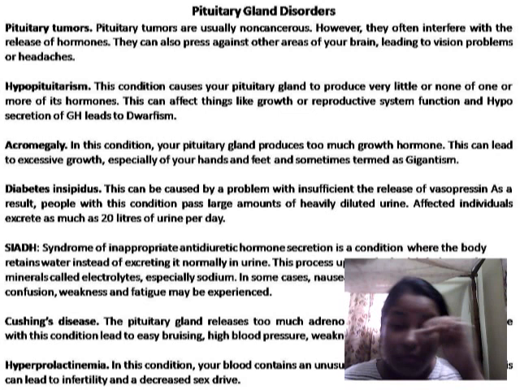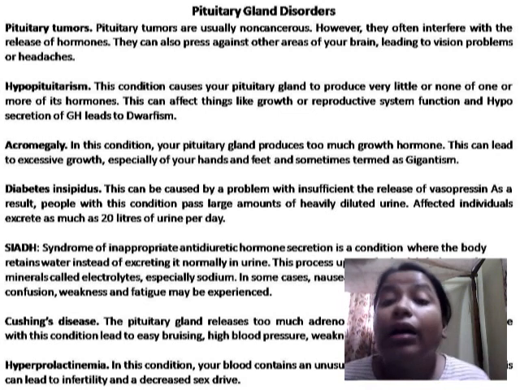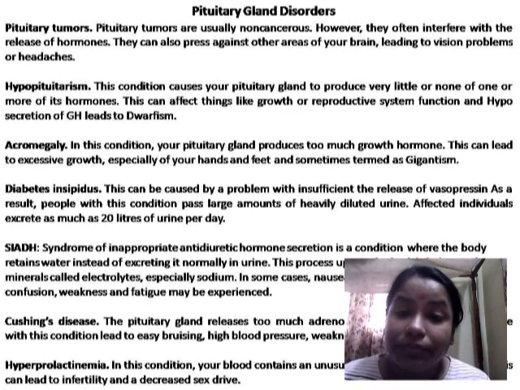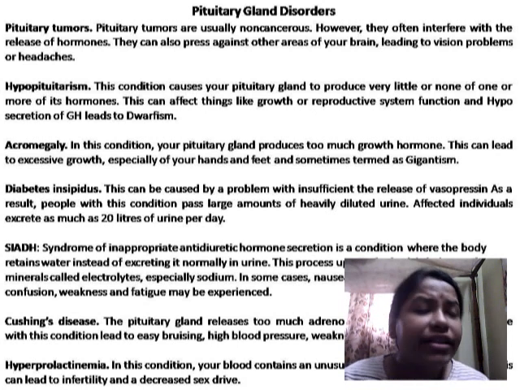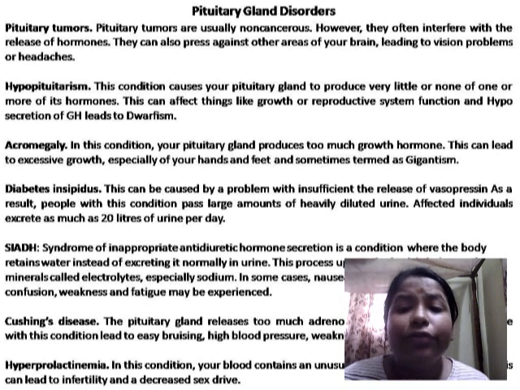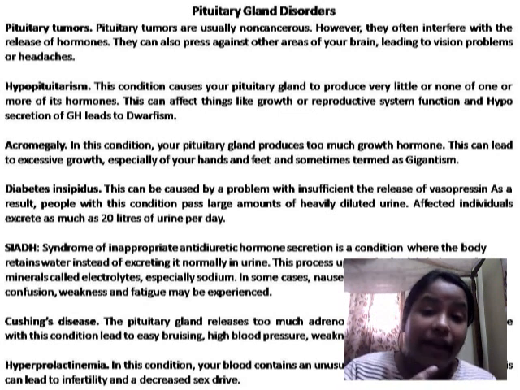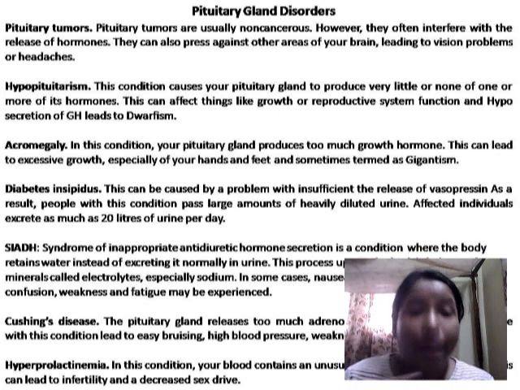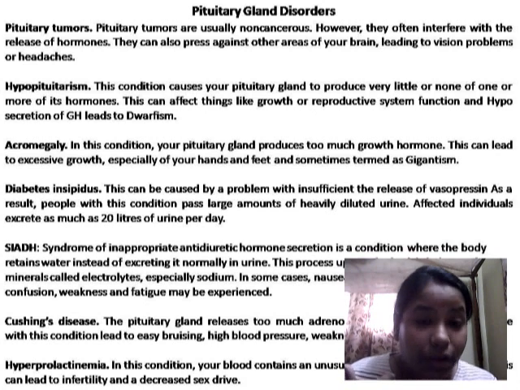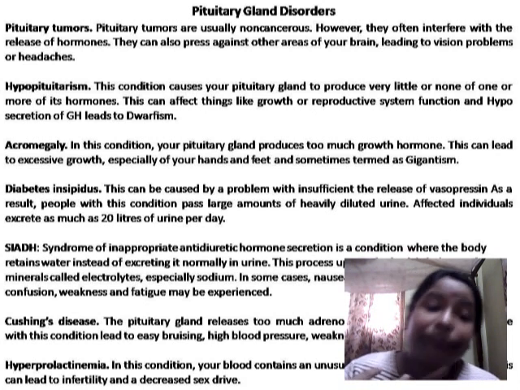The next one is hypopituitarism. This condition causes our pituitary gland to produce very little or no amount of its hormone. This can affect our growth and our reproductive system function.